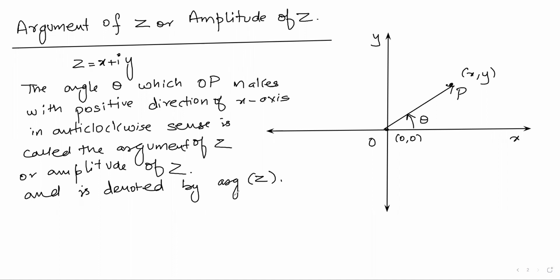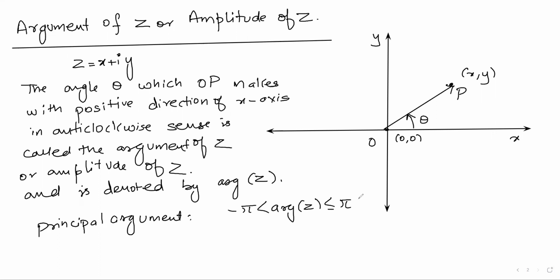Okay, so what is the argument? This OP is making an angle theta with the positive x direction in anti-clockwise direction. So this is the amplitude or argument of z. We always calculate the principal argument. So what is principal argument? Argument of z is always greater than minus pi and less than or equal to pi.